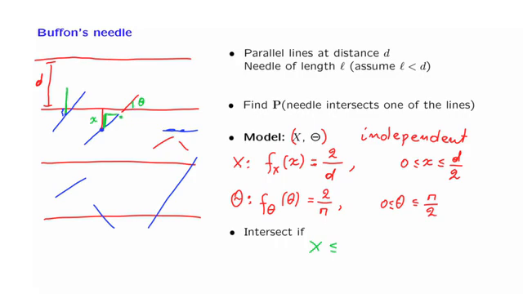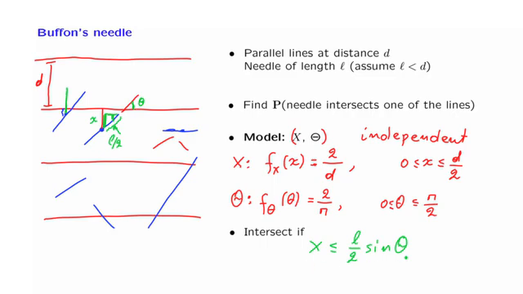Let's use some trigonometry here. This angle here is theta, so this angle here is also theta. Here we have a right triangle, and the hypotenuse of this triangle is L over 2. This angle is theta. Therefore, this vertical segment is equal to L over 2 times sine theta.